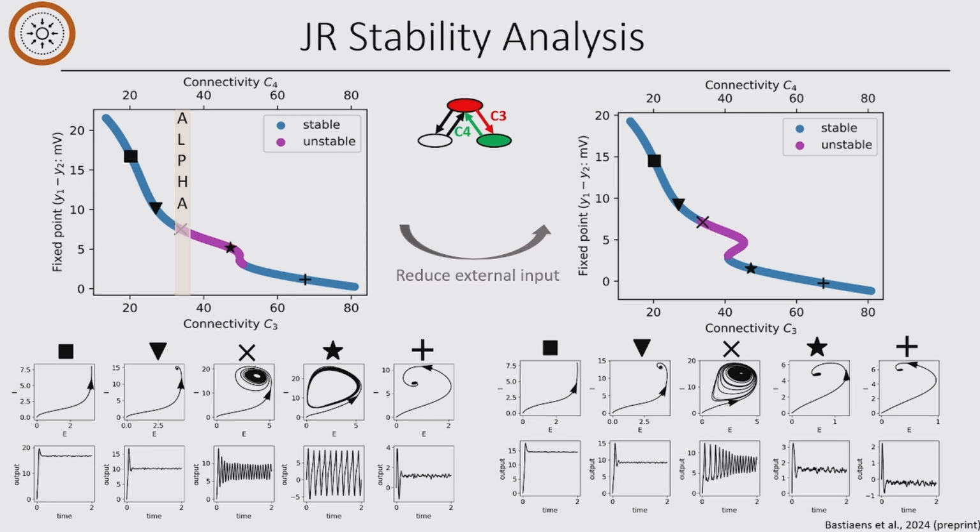So as a function of one of these connectivity parameters, we can essentially guide the dynamics, the dynamics being the time series here. Each of these little symbols are different values of this C3, this excitatory connection strength.